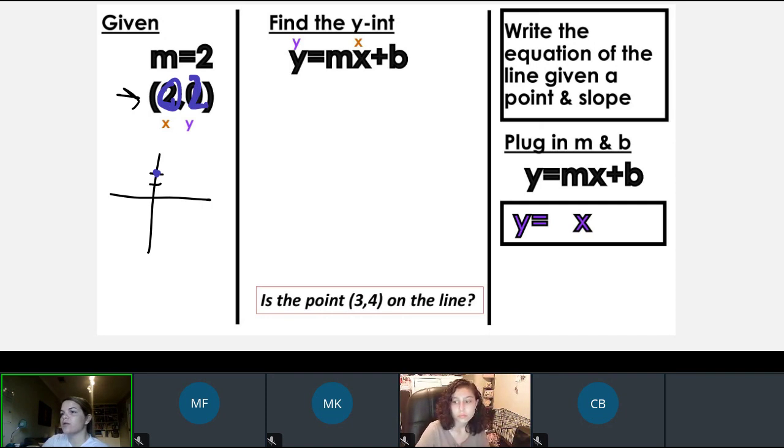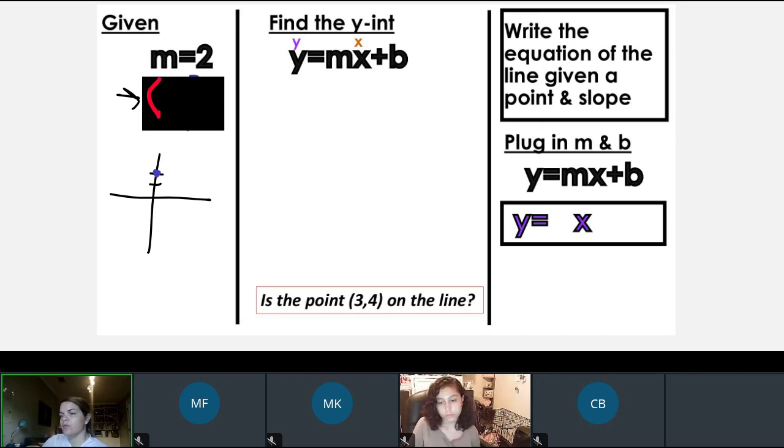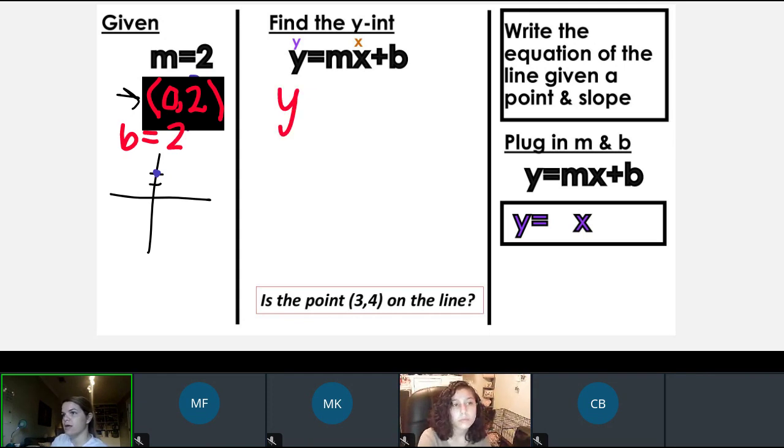Okay, so if they don't explicitly give you the point, but you know that the point 0, 2 is a y-intercept, now I plug it in. So that means that my b is positive 2. So I come over here and I say, okay, y equals, instead of m, I'm going to put 2, so 2 times x plus 2.